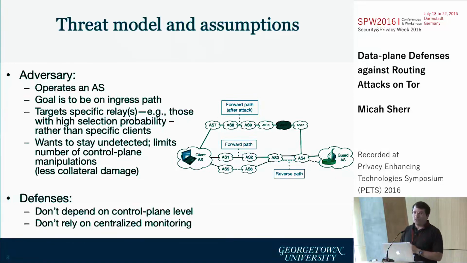It also wants to stay undetected. It doesn't want to be in the news. This limits the number of control plane attacks that it's willing to do, because, as I'll talk about later, launching one of these attacks is not side-effect free. There are side effects. There is collateral damage. We don't want our defenses to depend on the control plane, and we don't want to rely on centralized monitoring.